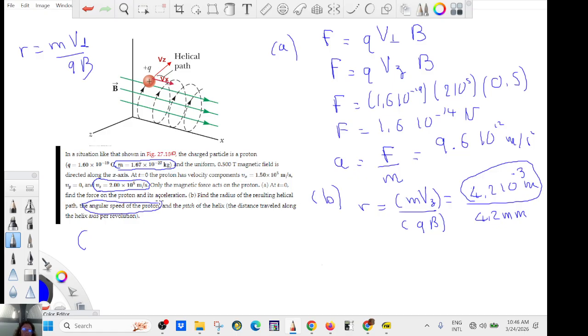Then the angular speed of the proton. So what's the angular speed? It's like cycles per second, right? So it's going to be 2 pi over the period. You can say that the velocity z equals 2 pi r over the period.